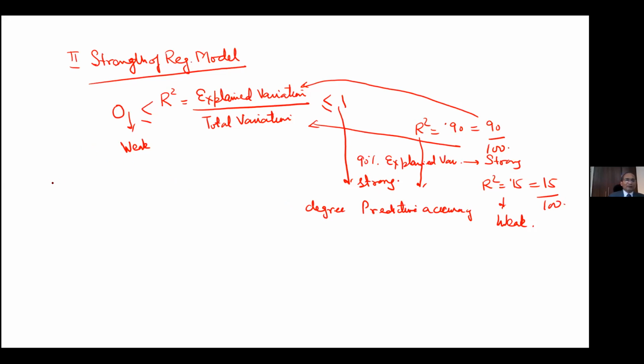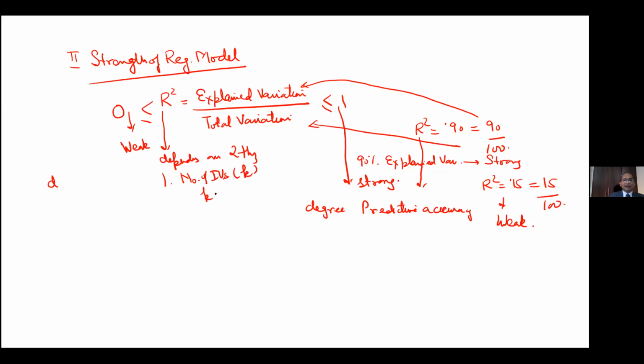I will explain one more concept, then I will show you the output. This value of R square depends upon two things. Number one, the number of independent variables or number of predictors, that is k.